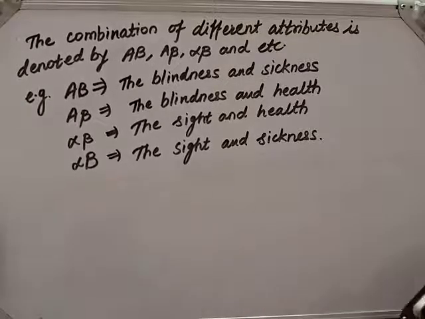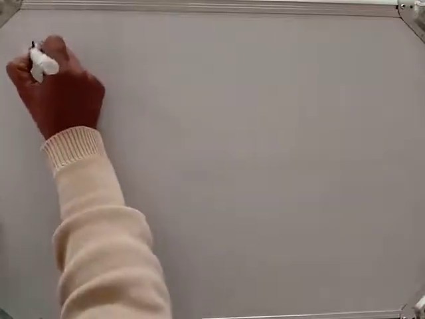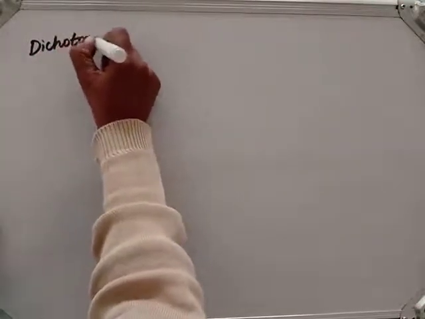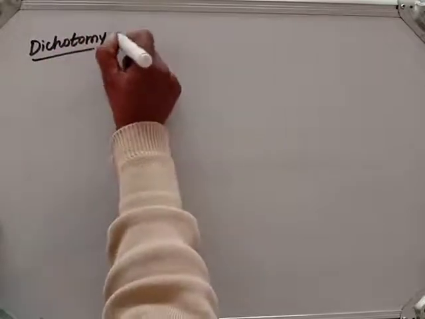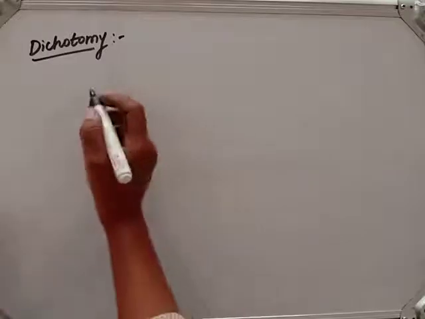Now, the next part, let's see something more about dichotomy also. Dichotomy is what? If we form two classes for the presence of an attribute or the absence of an attribute, that classification is known as dichotomy.